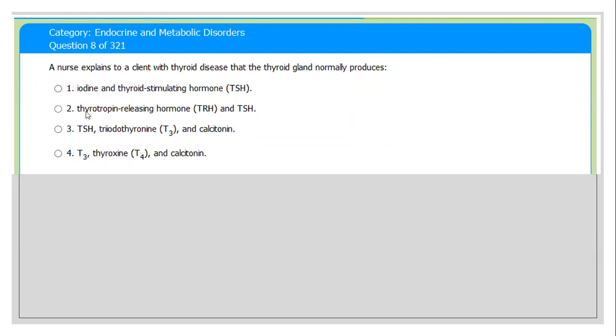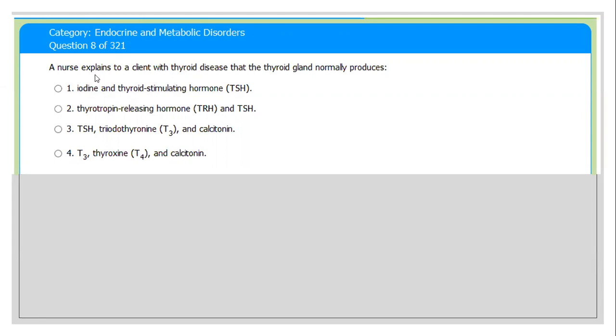Number 2, thyrotropin releasing hormone, TRH, and TSH, meaning thyroid stimulating hormone. Number 3, TSH, T3, and calcitonin. Number 4, T3, T4, and calcitonin.